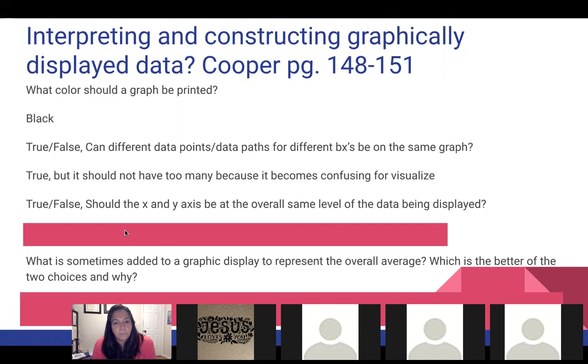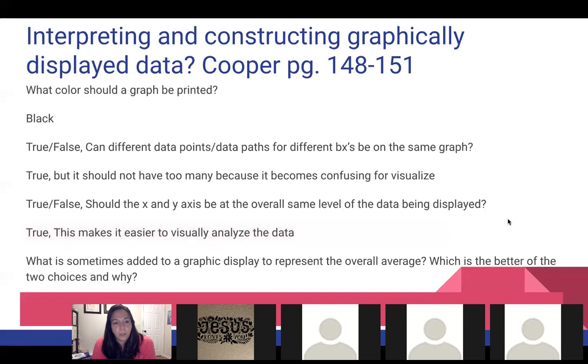I say false. Okay, so true. This makes it easier to visually analyze the data. You mean the numbering of it, maybe? Yes, exactly. I'm thinking of the actual level. Yep, exactly what you were saying.